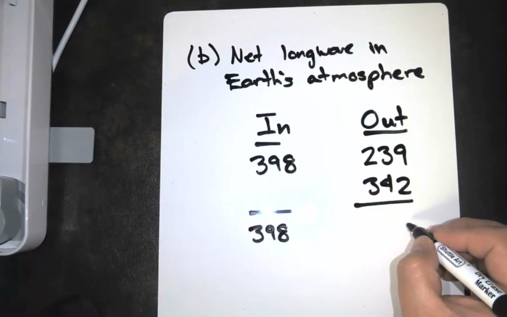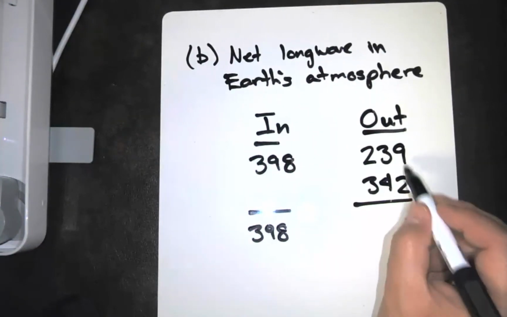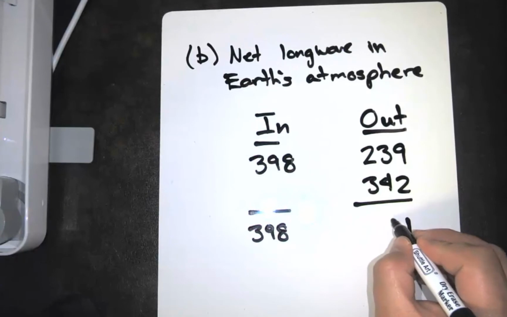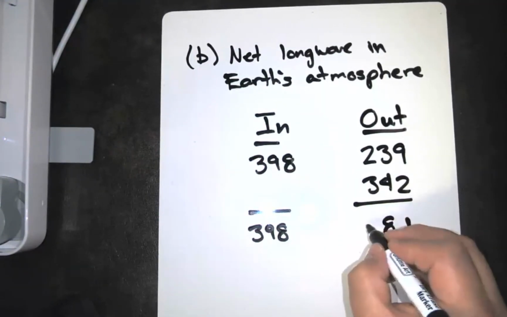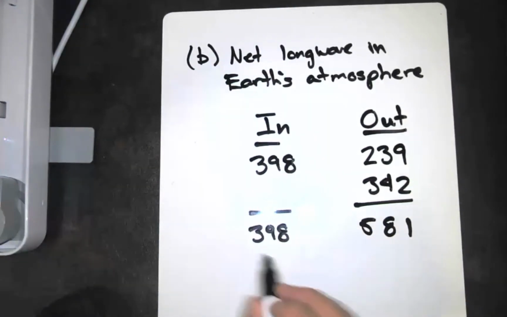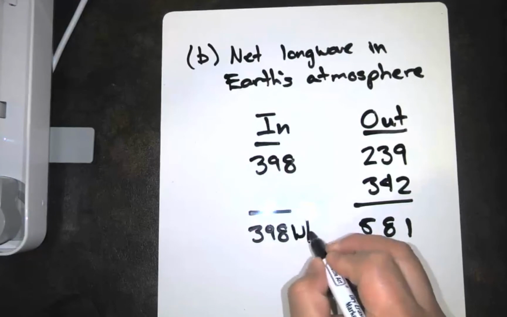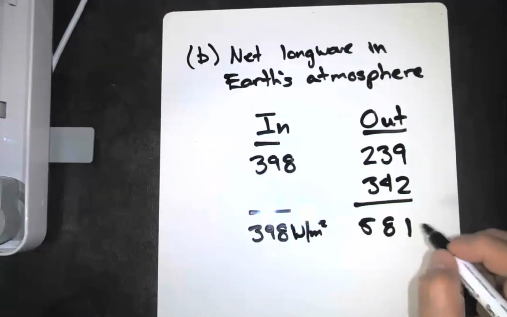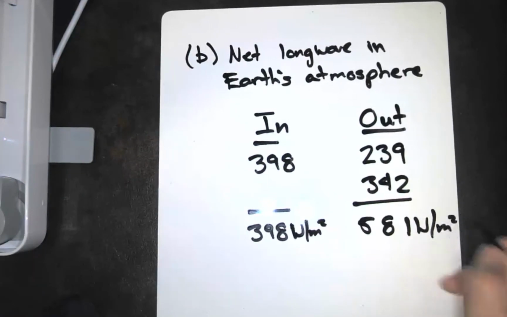So again, here we are going to do this summation. So I have 9 plus 2 is 11. Carry the 1, that gives me an 8. And this gives me a 5. So here I have 398 watts per meter squared coming in, 581 watts per square meter leaving.